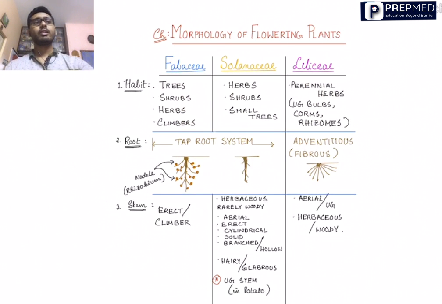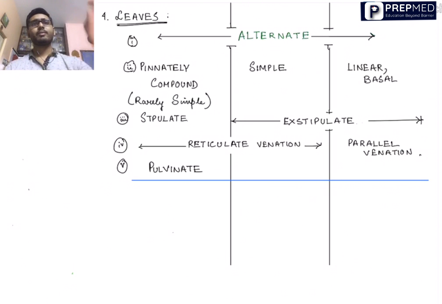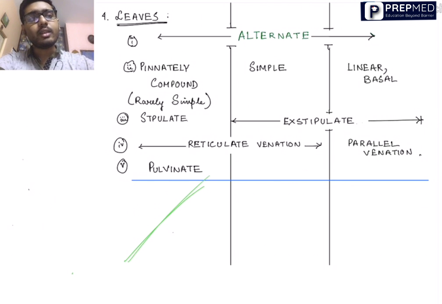Now let's come to the next part, which is leaves. Leaves can be easily remembered by simply drawing them. So the arrangement of leaves, if this is a stem, the arrangement of leaves is alternate. Okay, and leaves are pinnately compound in Fabaceae.